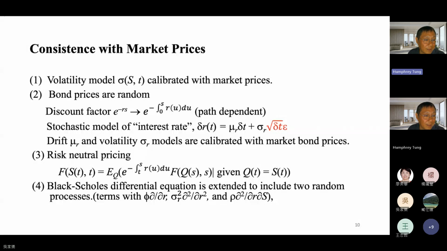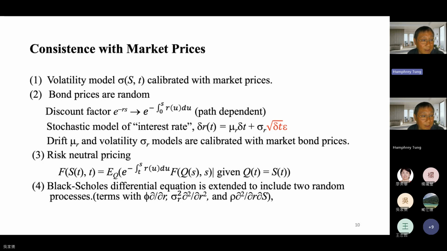Another point will be interest rate. So far, the ideas that I have shown you take interest rate to be constant. But of course, interest rate is not constant. If it is constant, the discount factor is just e to the power of minus rT.